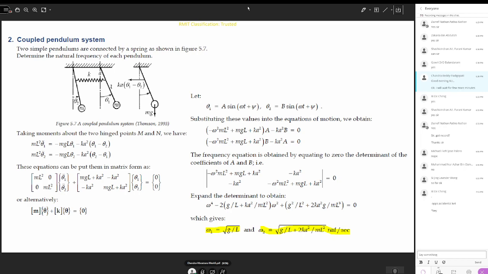Okay, in the examinations, normally you will not be asked to derive all these things, but you will be applying the concepts and equations to solve some quantitative examples. All right, any questions or anything not clear, let me know.